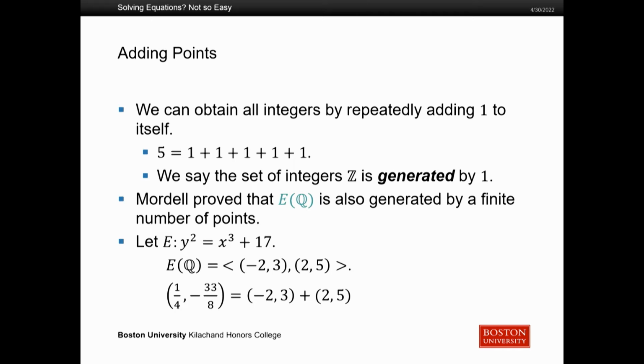What that means is that in order to obtain the rational points on an elliptic curve, you can just add a finite number of points over and over to itself finitely many times, and then you can get any rational point. For example, on the elliptic curve over here, you can find all the rational points from these two simple points, (-2, 3) and (2, 5).